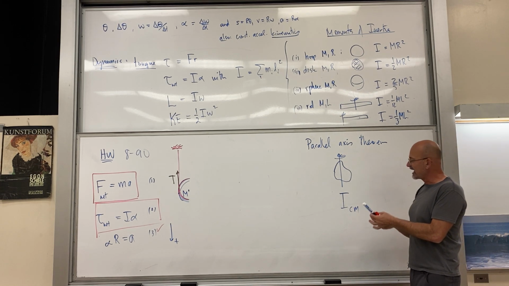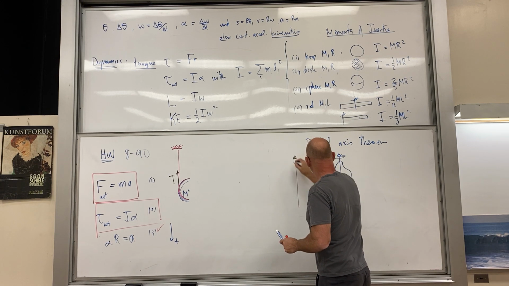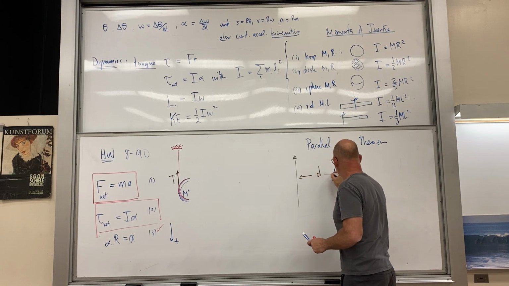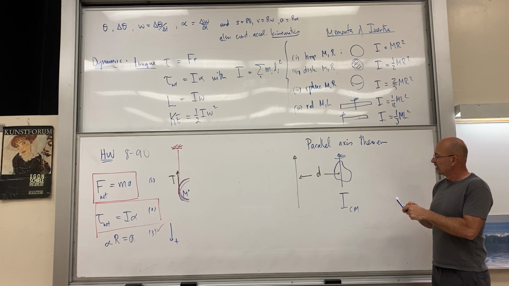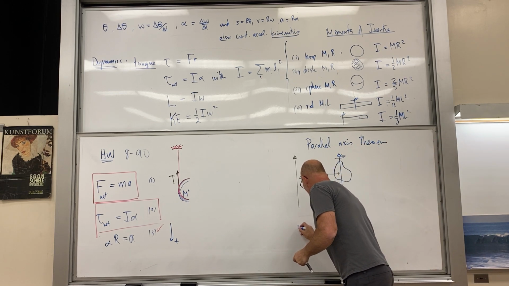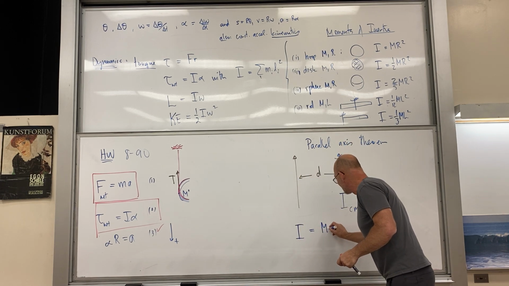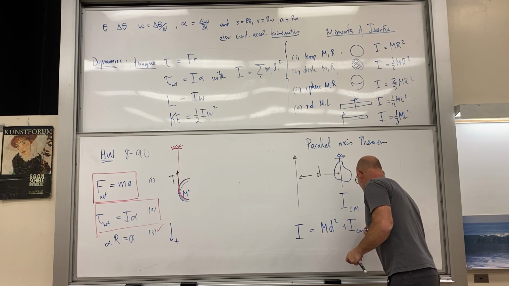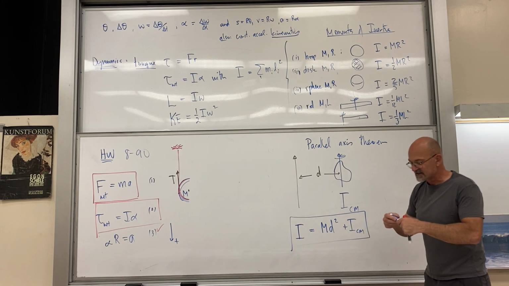Now, if I take that same object and rotate it about an axis over here that's parallel, a distance d from this axis here, okay, then the moment of inertia with respect to this axis is equal to the total mass times d squared plus the center of mass moment of inertia. This is the parallel axis theorem.